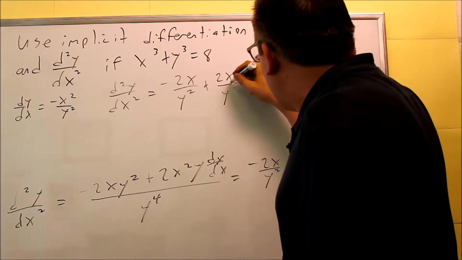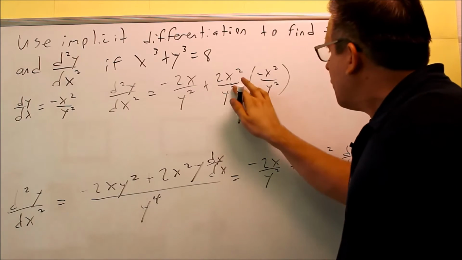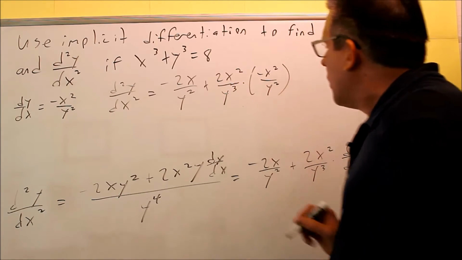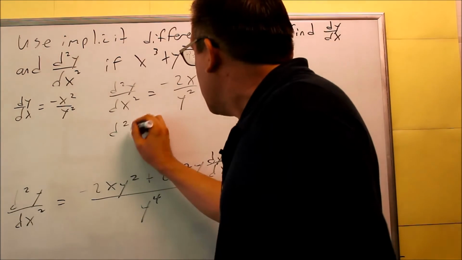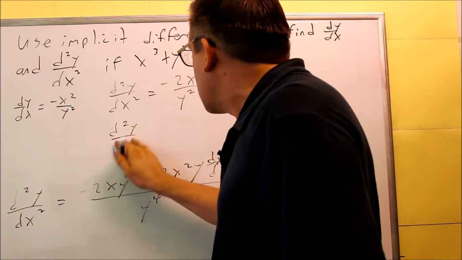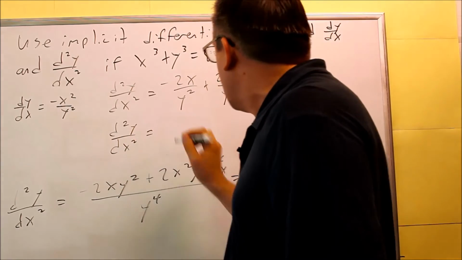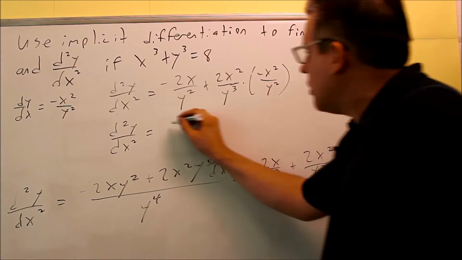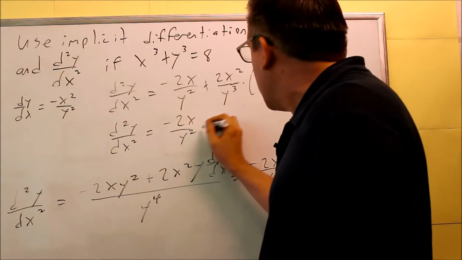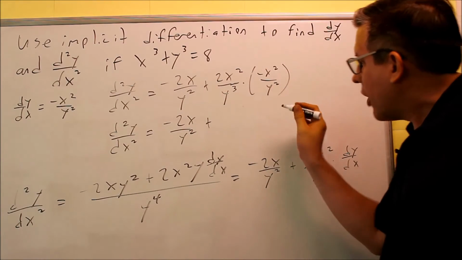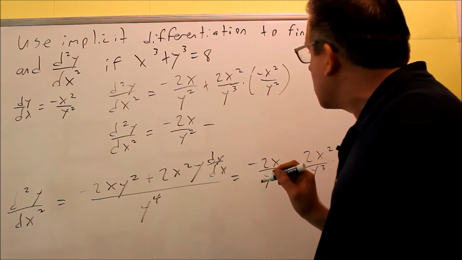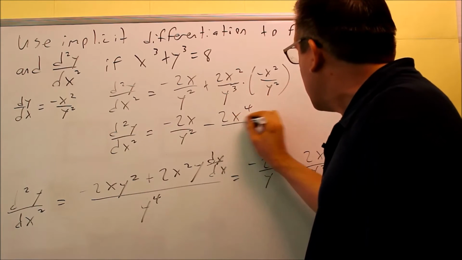So now that we have that put in, we just have to clean it up to get our final answer. So d squared y over dx squared, that's the second derivative, is going to be negative 2x over y squared plus, when we multiply across the top and across the bottom with the fractions, this will become a minus, 2x to the fourth on the bottom.